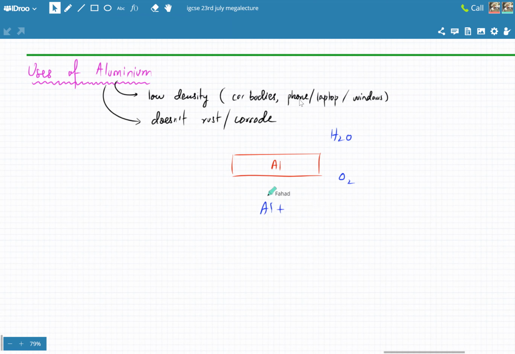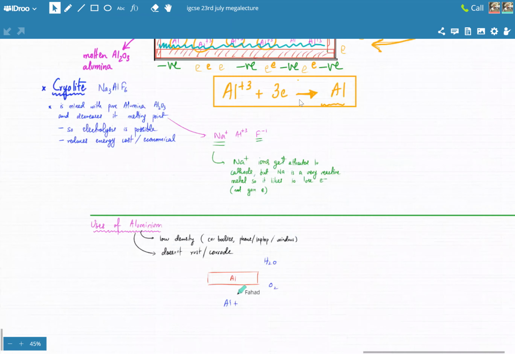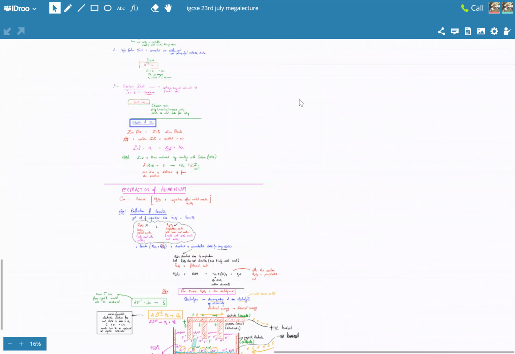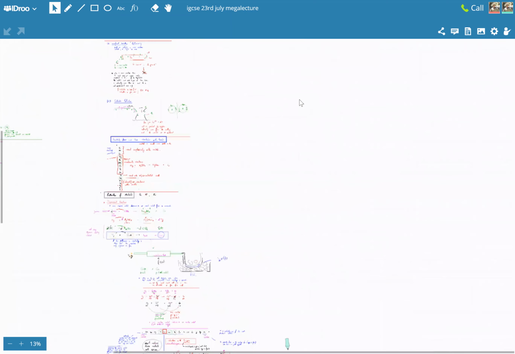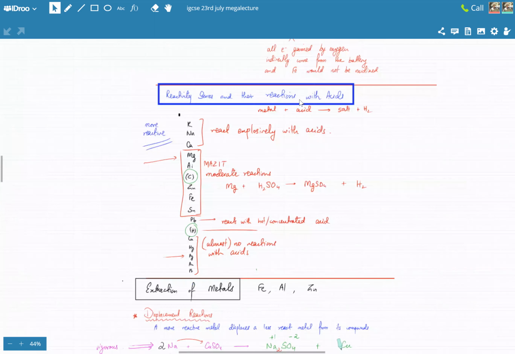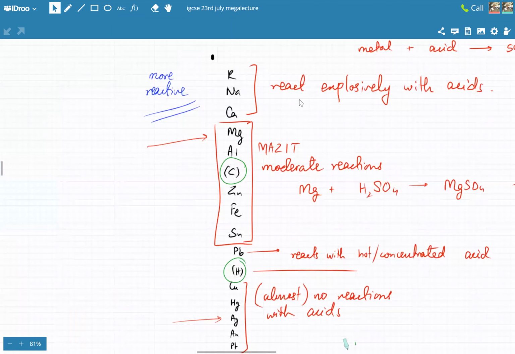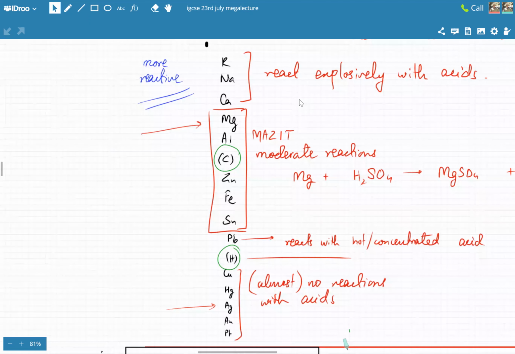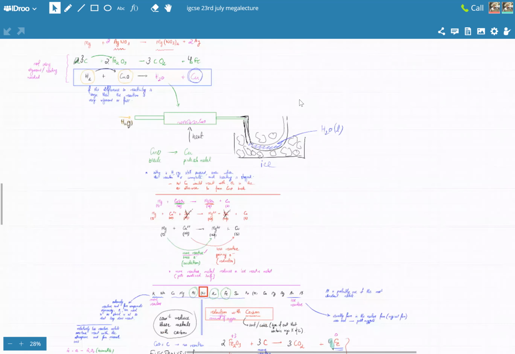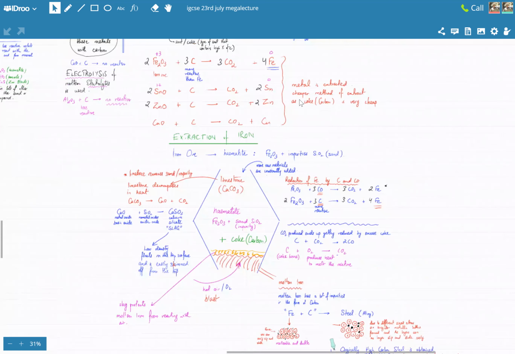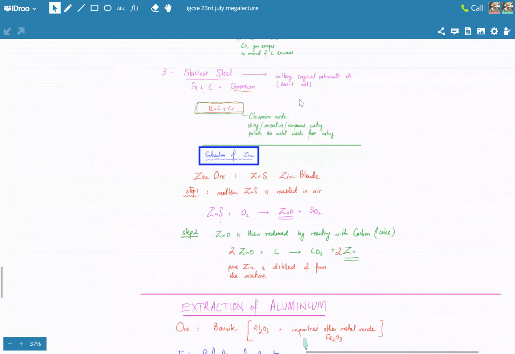It's a reactive metal. If you have a look at the reactivity series, you would notice that aluminium is even more reactive than iron. Iron comes a little lower. Aluminium is at 5th number from the top. So it's one of the reactive metals. So things shouldn't have been made from it, because it would be reacting with everything.